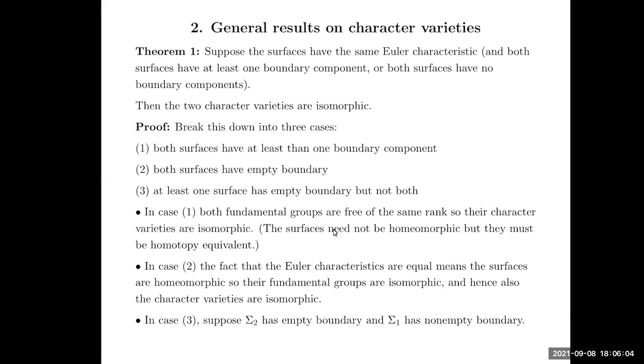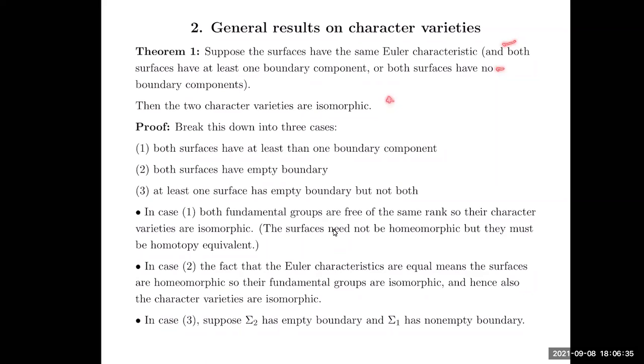So let me begin by describing some basically topological properties. So suppose the surfaces have the same Euler characteristic, and either both surfaces have at least one boundary component or both have no boundary components at all. In those cases, the two character varieties are isomorphic.